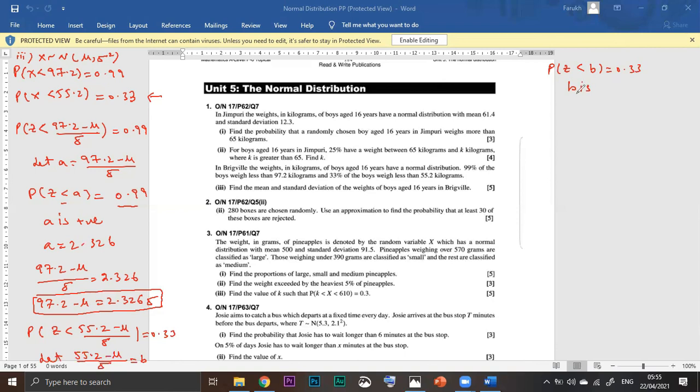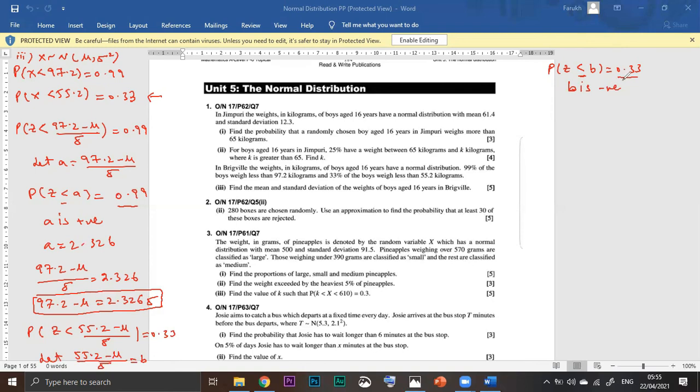Here we have a less than sign and the area is less than 0.5. So b is negative.